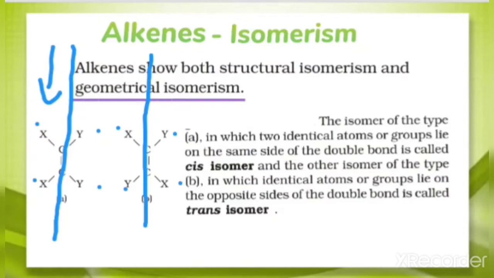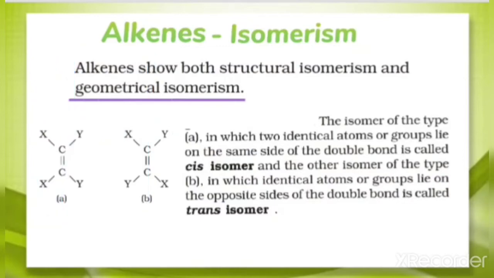That means in isomers of type A, the two identical atoms or groups lie on the same side of the double bond. This X and this X are the two identical ones. Why are they identical?